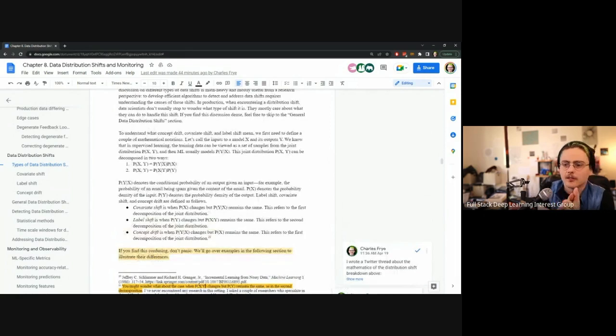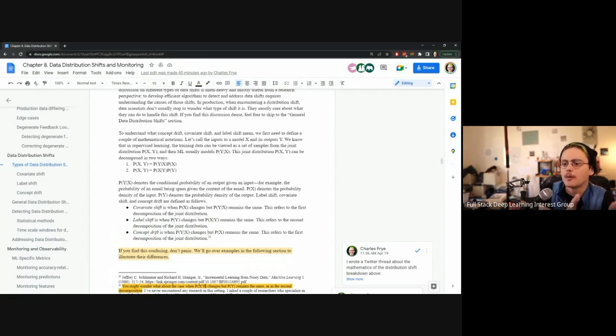The only other option that you have with this typology of distribution shifts is that everything is changing all at once. All four of these things could change, and the distribution is changing.